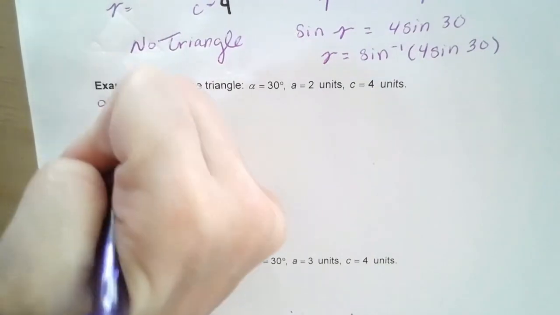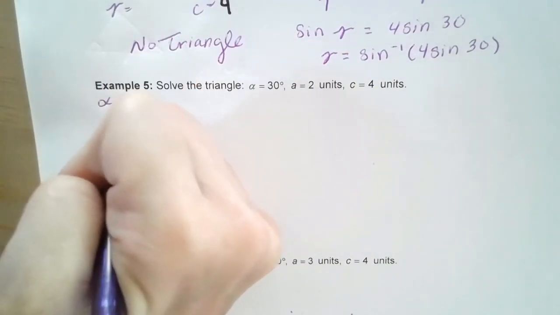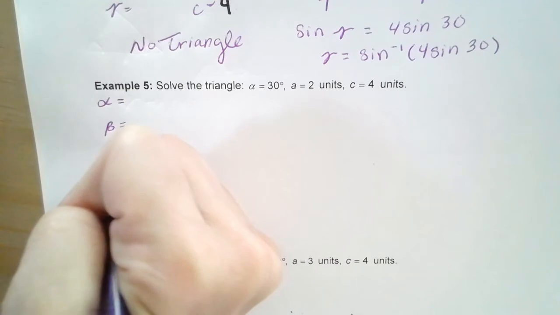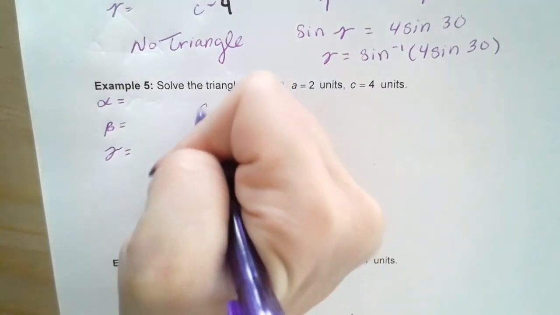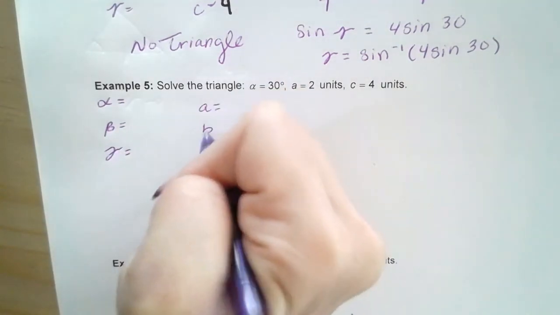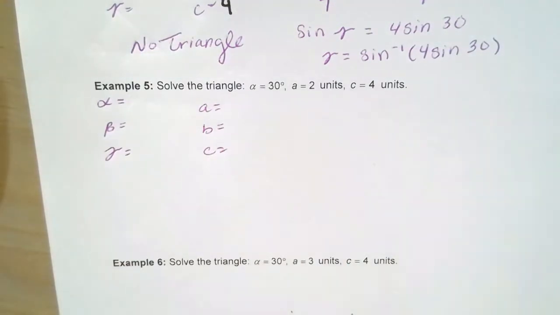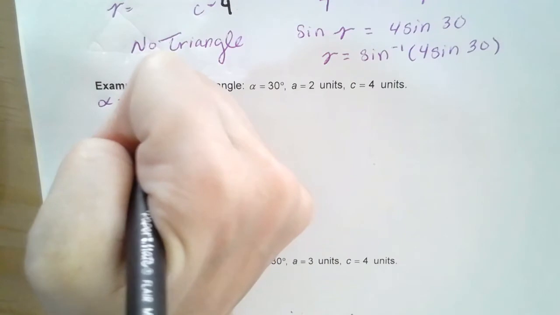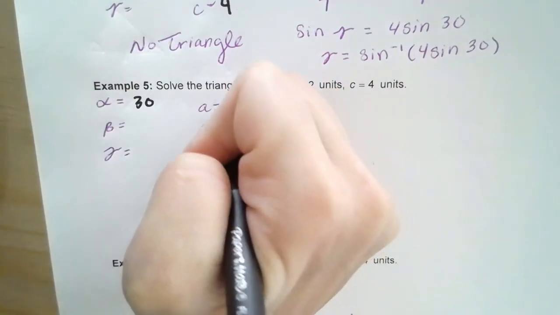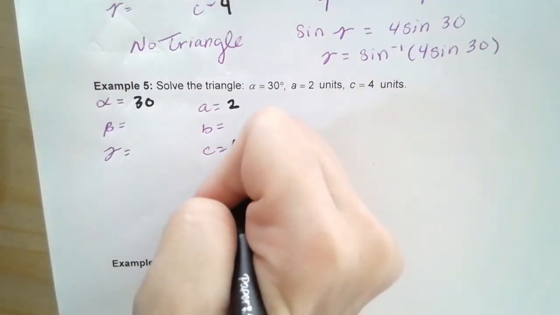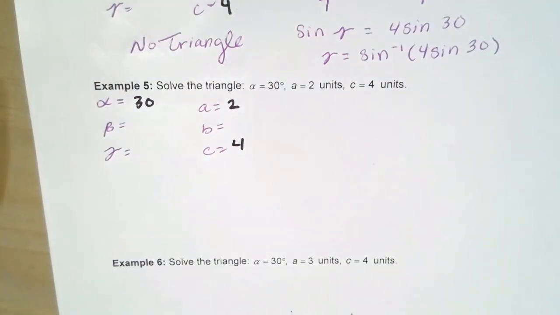So let me write all this in. A, B, C. Alright, so we get 30, 2, and 4.